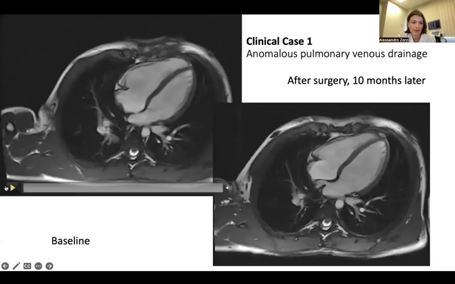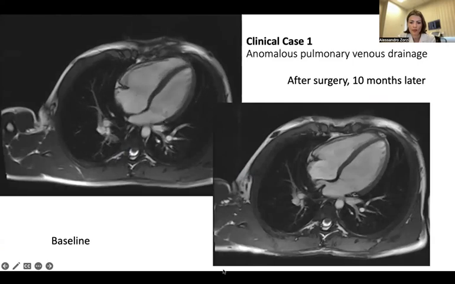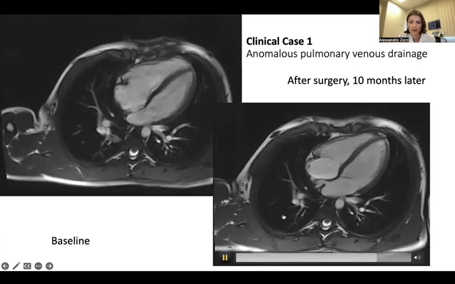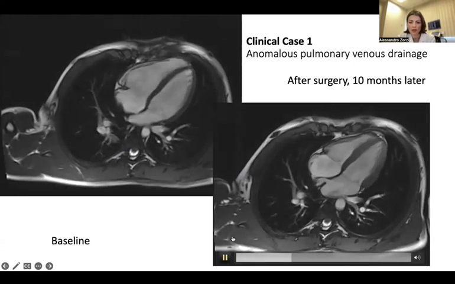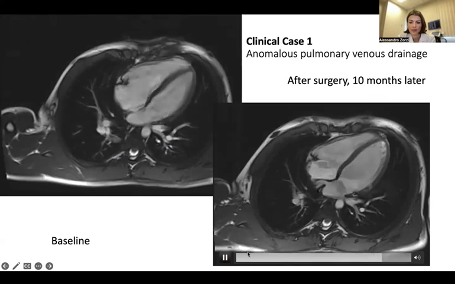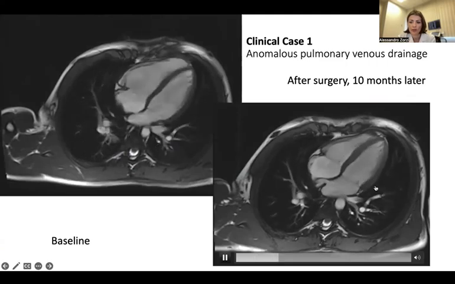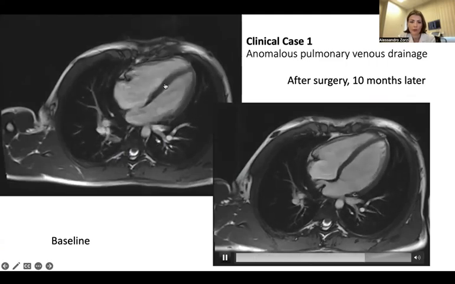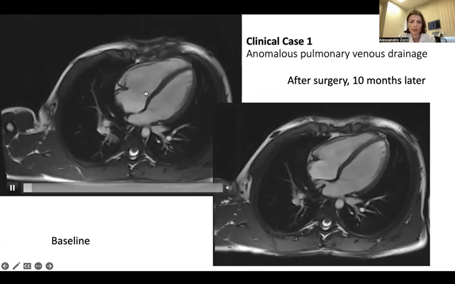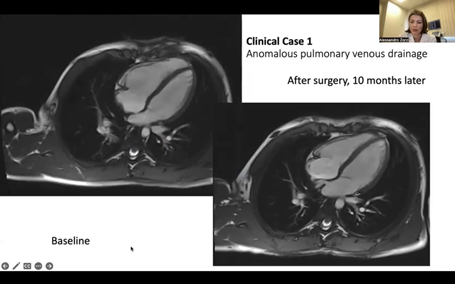And this is the first case with follow-up after surgery. He underwent correction of the defect, and this is the right ventricle, which is smaller than the left one at follow-up, whereas before the intervention, it was bigger.